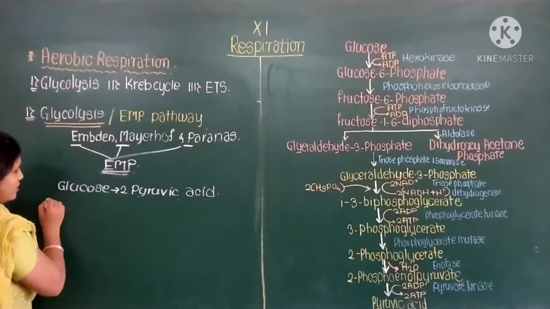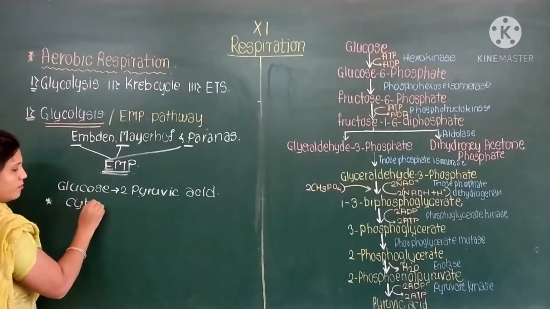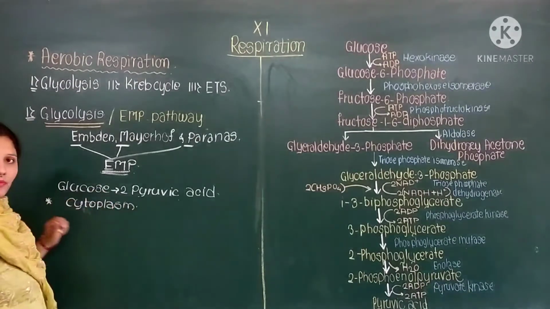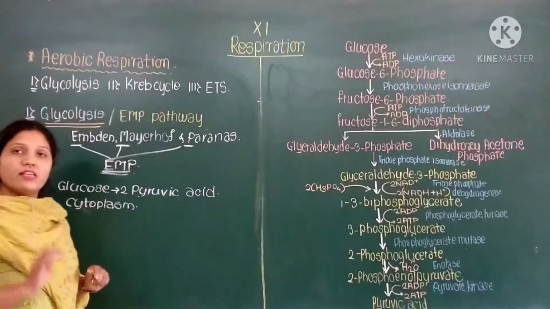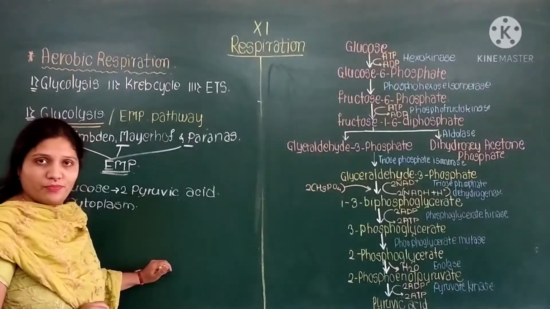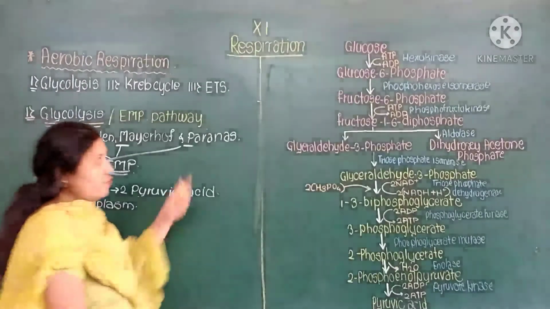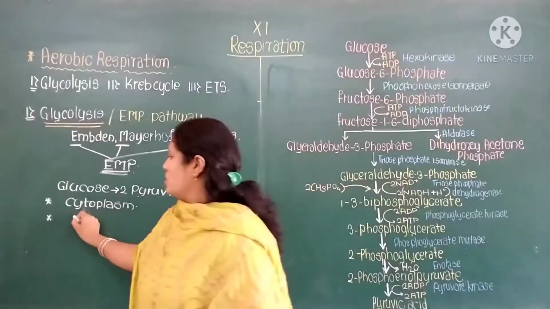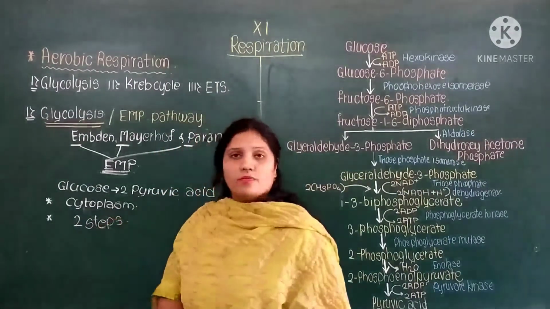This glycolysis process occurs in the cytoplasm of the cell. That's why glycolysis is also known as the cytoplasmic reaction. Now if you observe, glycolysis is completed in 2 phases.